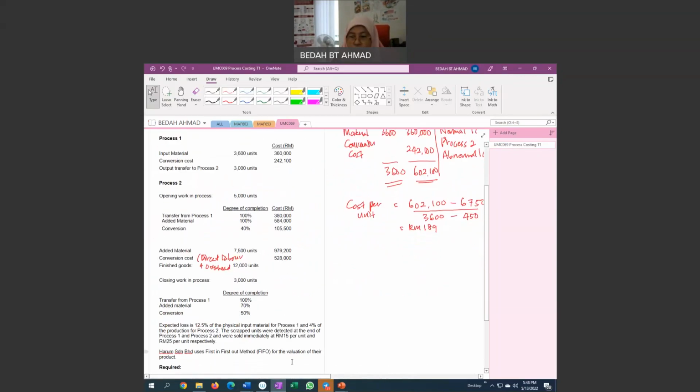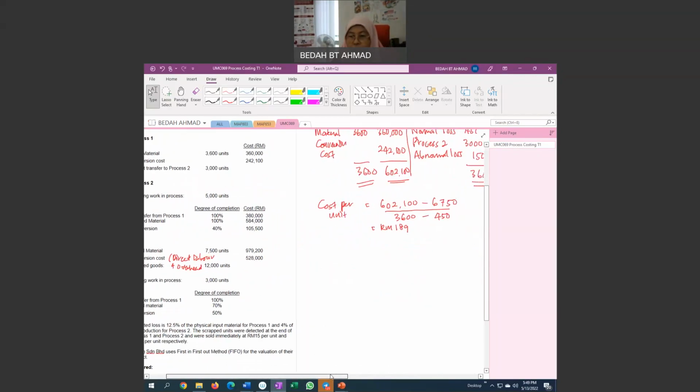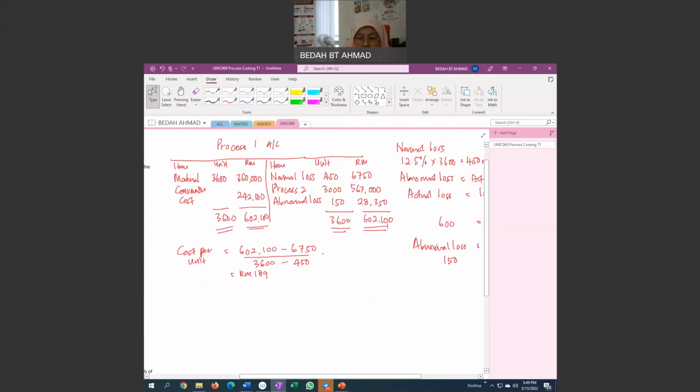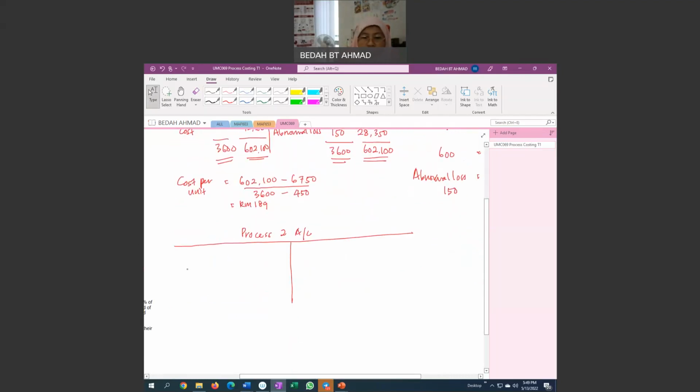Okay, next we want to do the process 2 account. So the item, the units, and the RM.